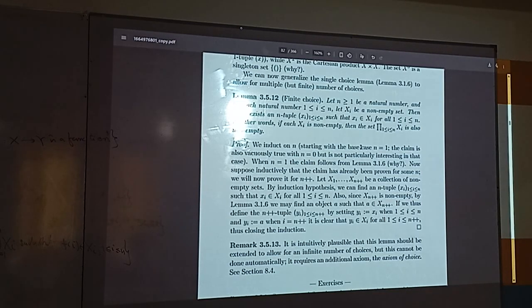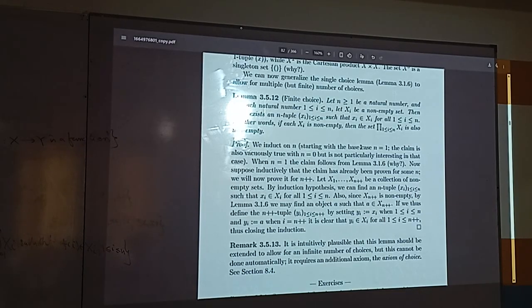Then you have the axiom of choice for infinitely many sets. That we cannot prove, but it is there, so we make it an axiom. We are here because of the axiom of choice actually, because modern analysis is the result of the axiom of choice.